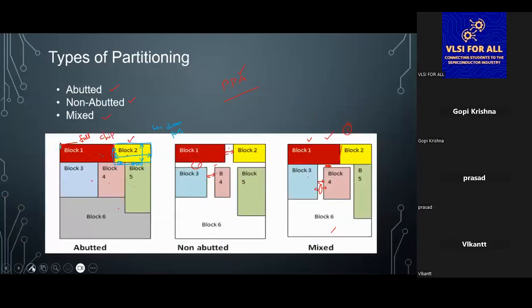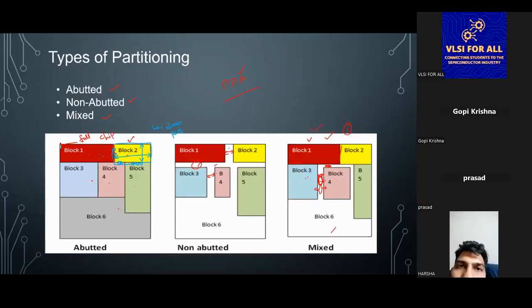I want to put some glue logic, extra logic, between blocks 3 and 4. Then I need some space, right? Channel space. If I don't want it, I can abort it. If I want to use the channel, then only I will go with this method. If I don't want, I can go with the other method.